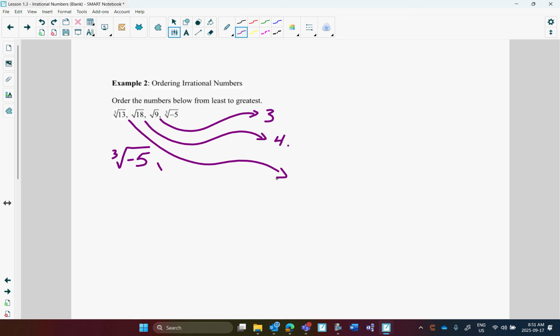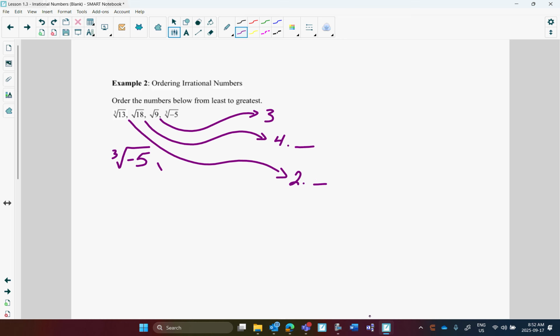What's 2 times 2 times 2? 8. So what's 3 times 3 times 3? 27. So doesn't this have to be between 2 and 3? Because it's bigger than cube root 8, but it's smaller than cube root 27. So it's 2 point something. We don't know, and we don't care.